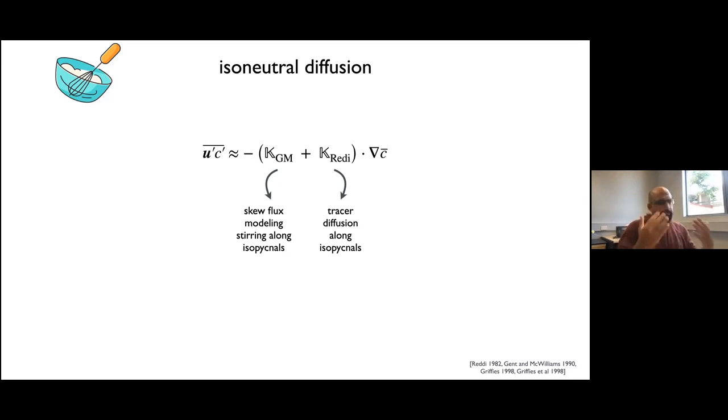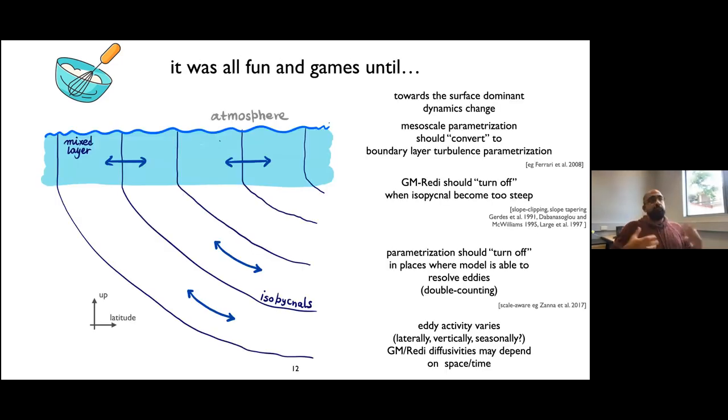Don't forget that isopycnals move up and down all the time, so at every time step you have to recompute where my isopycnals are now, how I need to rotate, and in which direction I need to apply this diffusivity for the parameterization to work. And there are other problems with this type of parameterization.